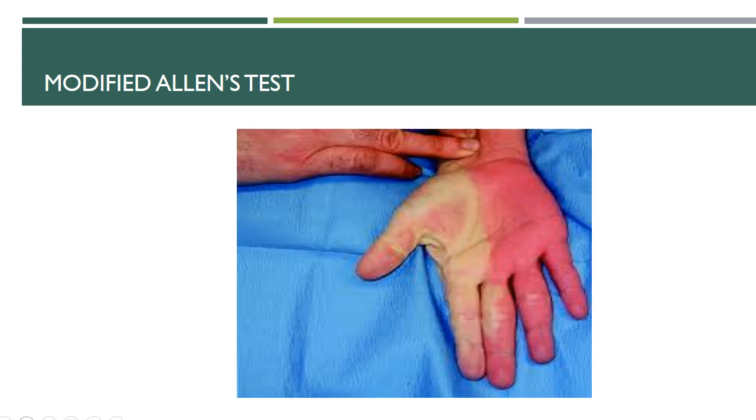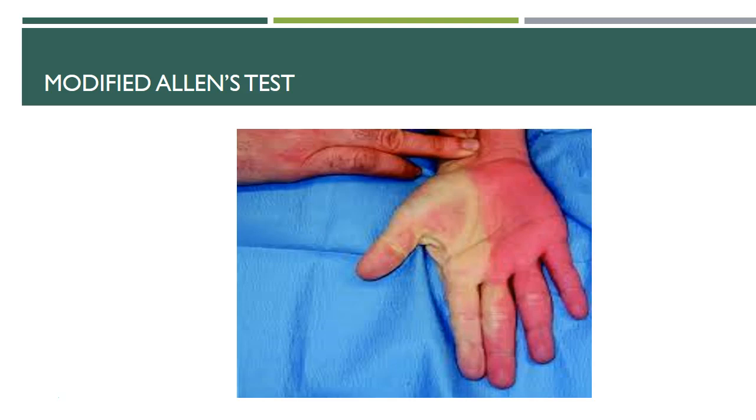When you do this, you're obstructing blood flow to the hand. So the hand needs to basically turn white, as it is on the radial side in this picture. Then, while you're applying occlusive pressure to both arteries, you're going to have them relax their hand, and their hand should blanch. If it's not blanching, then you're not occluding and you need to apply more pressure.